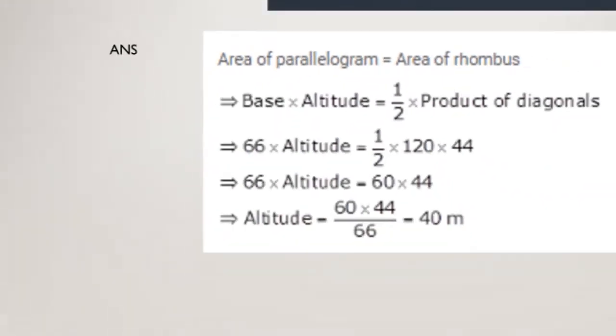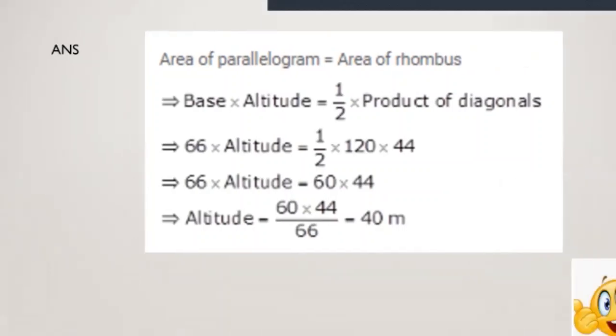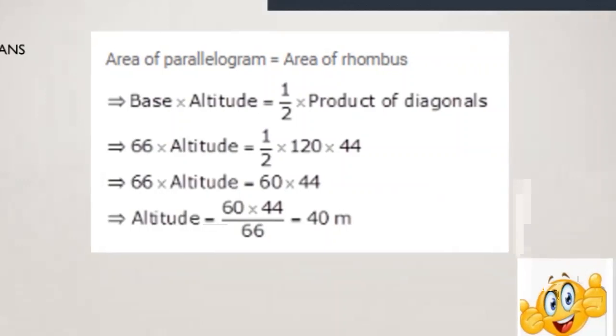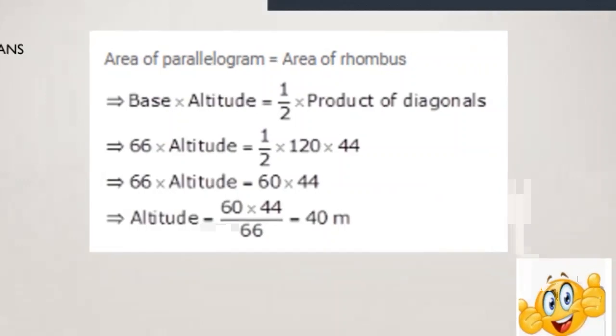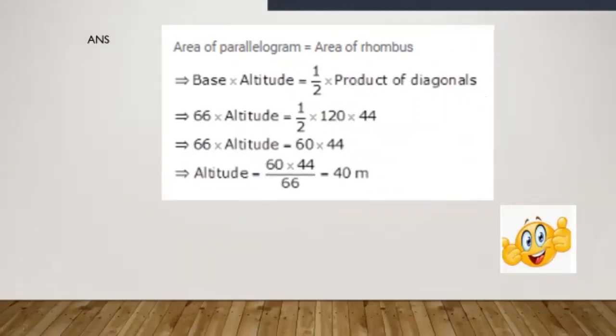Is it 40? It is 40. Okay. So everybody could take down all the questions and the solution? Yes, children? Yes, ma'am.